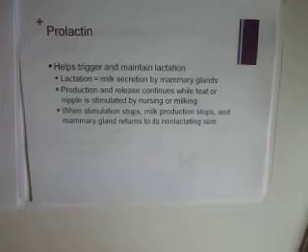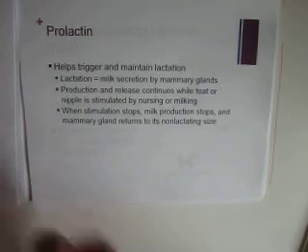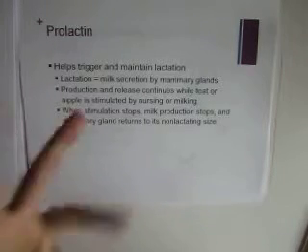Production and release continue while the teat or nipple is stimulated by nursing or milking. So when we place the couplers on the cow to take the milk, the first thing a farmer will do before they put that on is stimulate the teat.